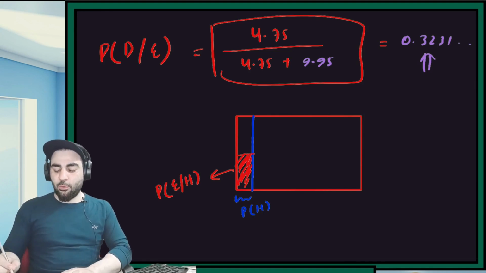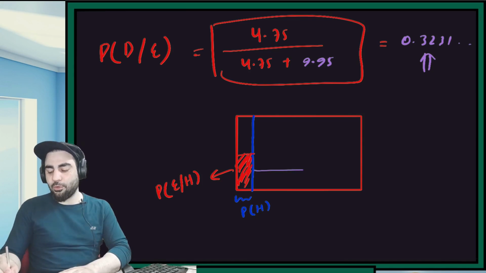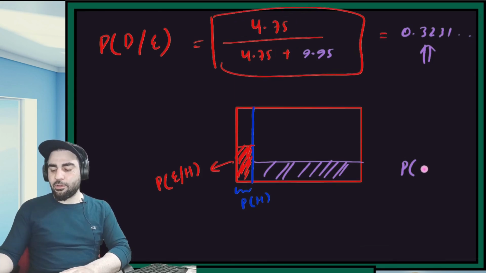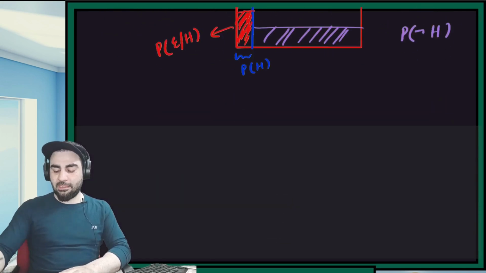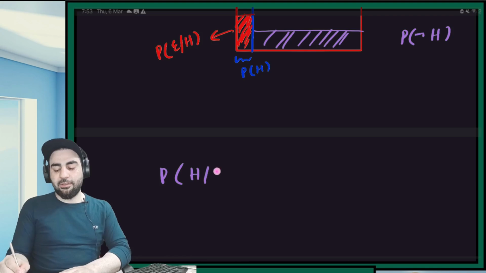Then over here, let's suppose this is the other part, where the evidence maybe fits but the hypothesis doesn't hold. Let's suppose this much of the portion is the probability. This is not for the hypothesis, so you can write it as not the hypothesis. If you remember it like this, you have to compute the posterior probability of a hypothesis given the evidence.